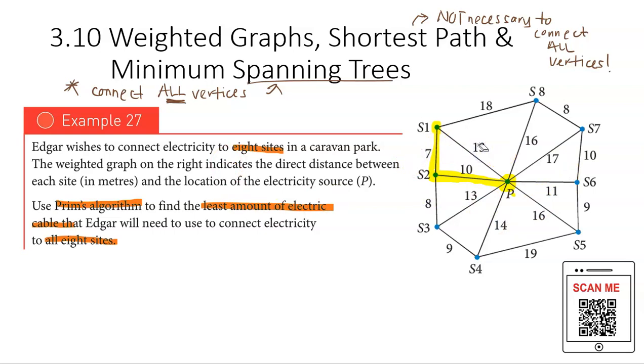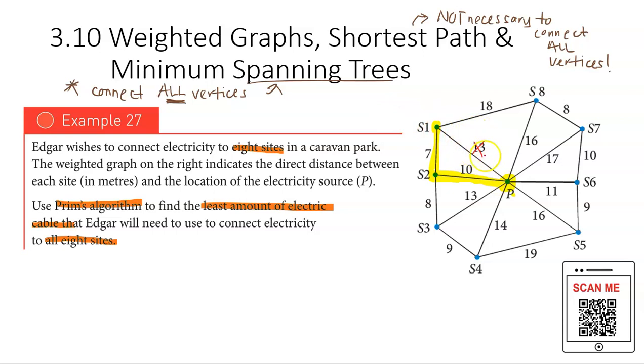So again, this one you need to repeat many times. After you have S1, S2, and P, you need to connect S8, S7, S6, S5, S4, and S3. I no need to look at this value because I already connected S1.